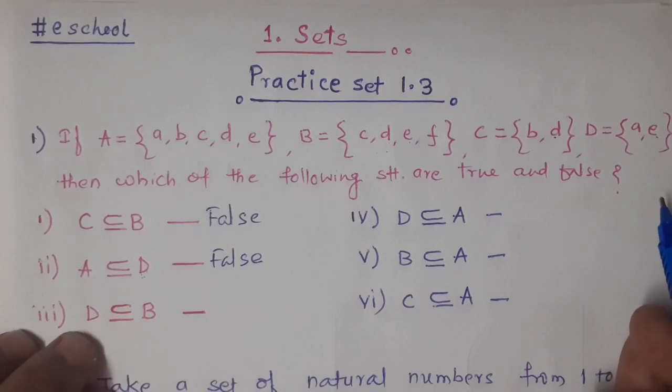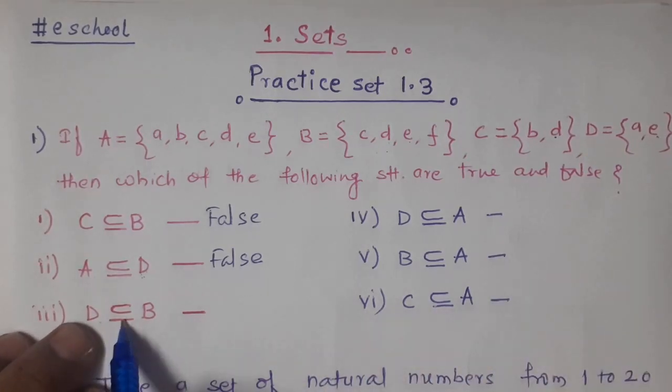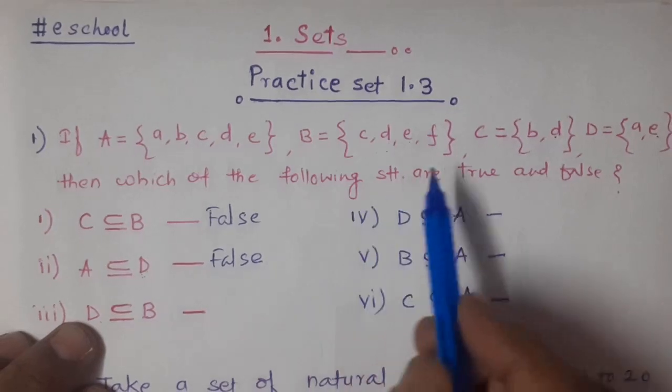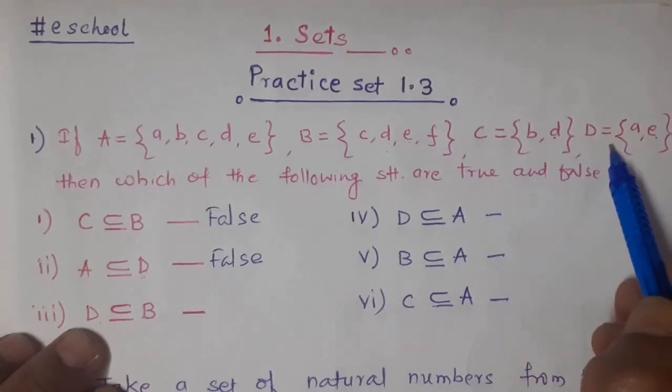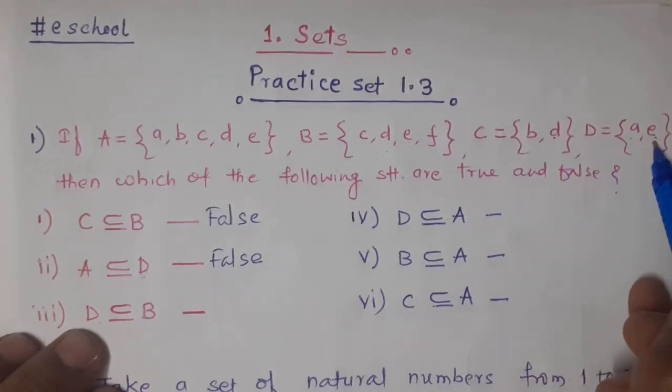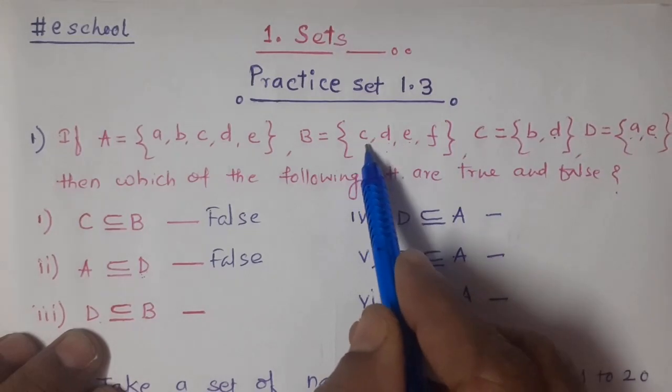Then third statement, D is a subset of B. When we can say that D is a subset of B? D comprises of A and E, and what are the elements of B?